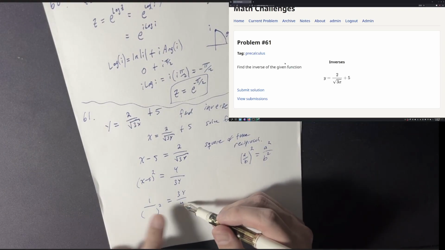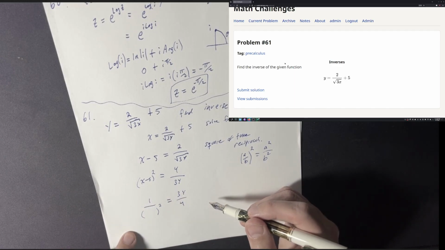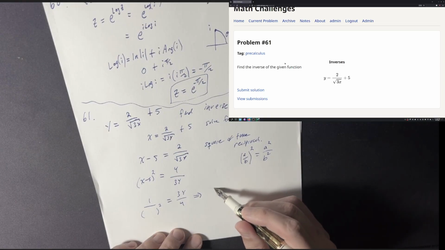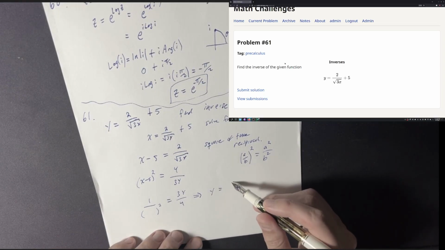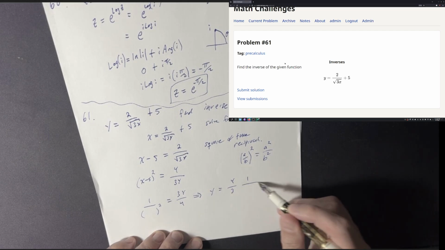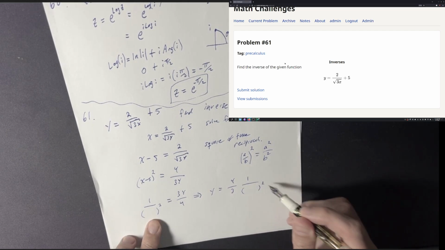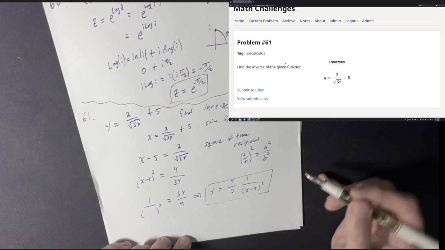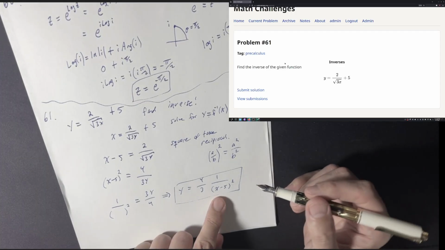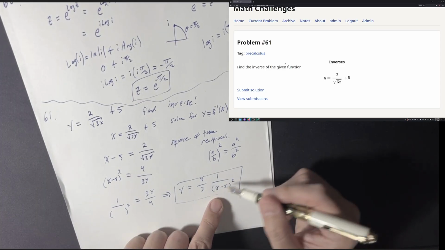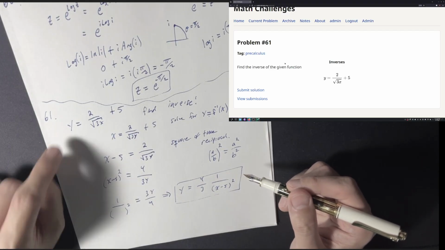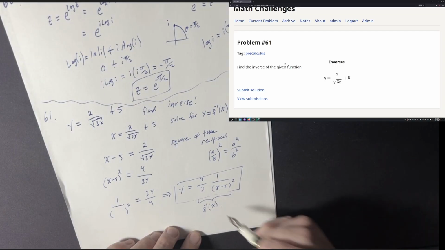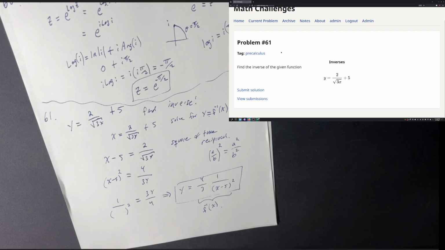So let's multiply by 4 and divide by 3, and you'll be left with y is 4 over 3 times this stuff squared. Stuff is x minus 5. I would leave it like that. There's definitely no reason to bother expanding that. This is usually what people want to see for the inverse function. So this mess is also known as f inverse of x, and that's about all on this particular problem.